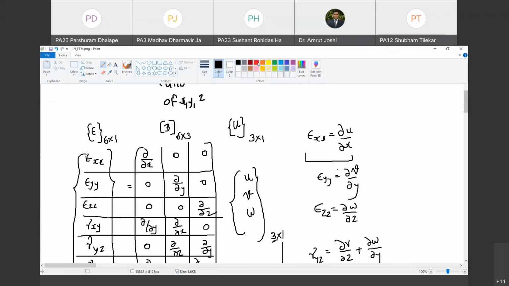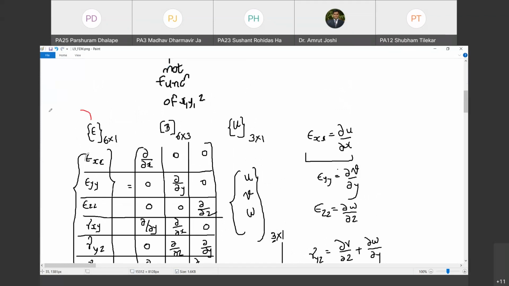So what is matrix epsilon? It is a matrix of strain tensor at a point. Are you with me? Matrix of strain tensor at a point. Then this U is the matrix of displacement fields.